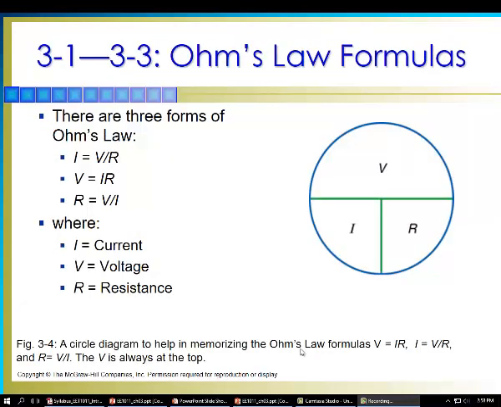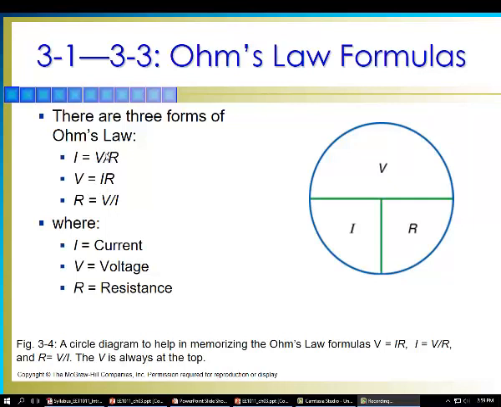Alright, let's start by defining what Ohm's law formulas are. There are three forms of Ohm's law. There are basically three different ways of writing the same formula depending on what you're looking for. Ohm's law says that the current equals the voltage divided by the resistance.